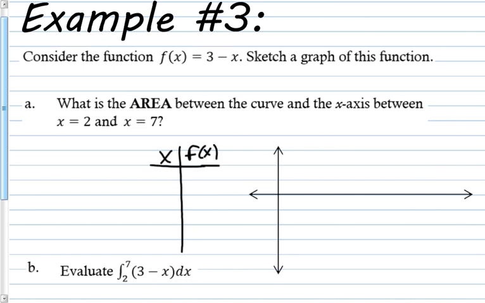Since I'm going from 2 to 7, all I really need is from 2 to 7. So 2, 3, 4, 5, 6, 7. If I plug all of those in, I would get 1, 0, -1, -2, -3, and -4.